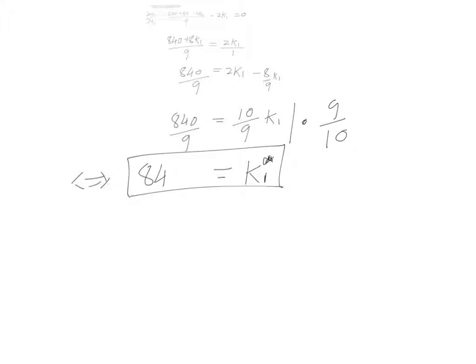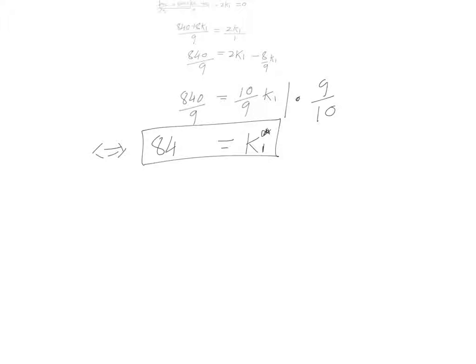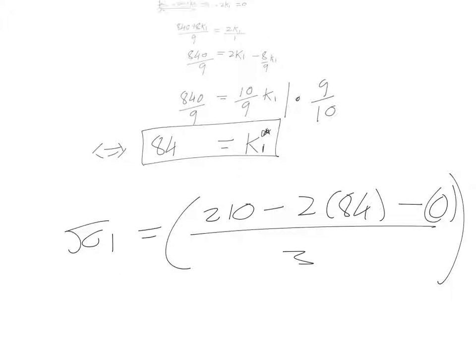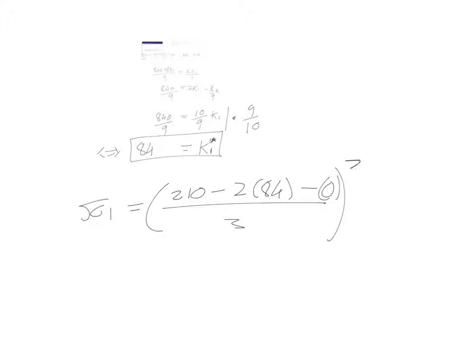So, finally, now that you've got K1, the profit of firm 1 is going to be equal to 210 minus 2 times 84, K2 is 0, this is the same profit function we were using before, squared minus 84 squared. And that's going to spit out 8,820.